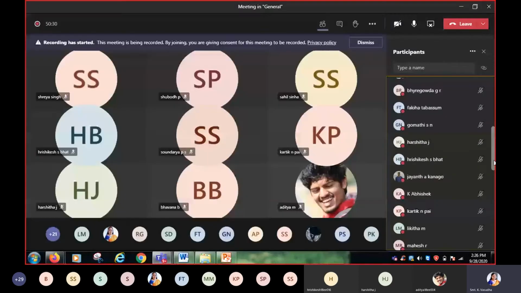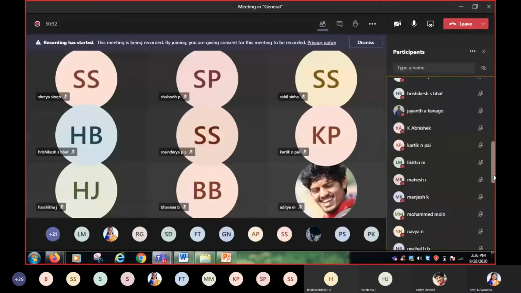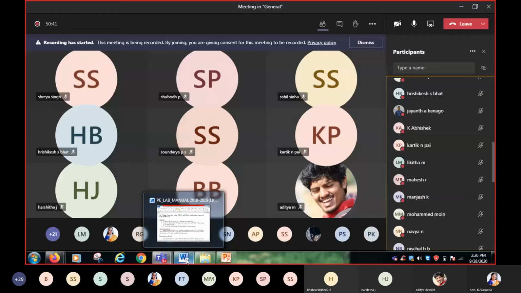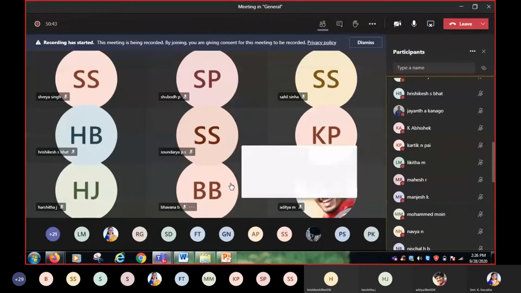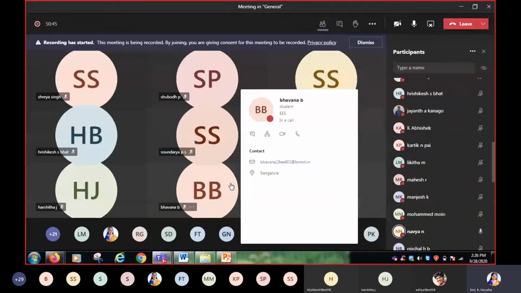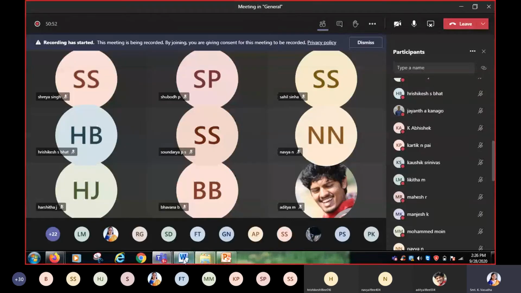Navya? Nischal? Which instrument do you use to measure the RMS voltage across a bulb?